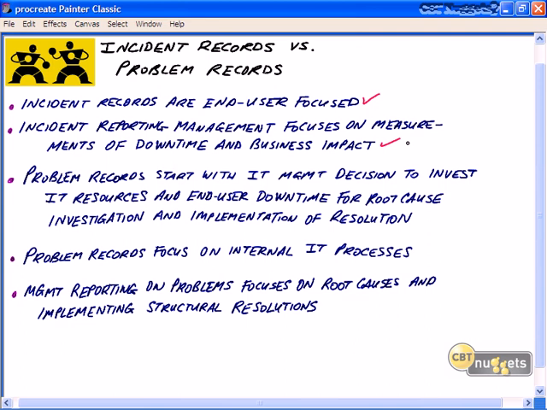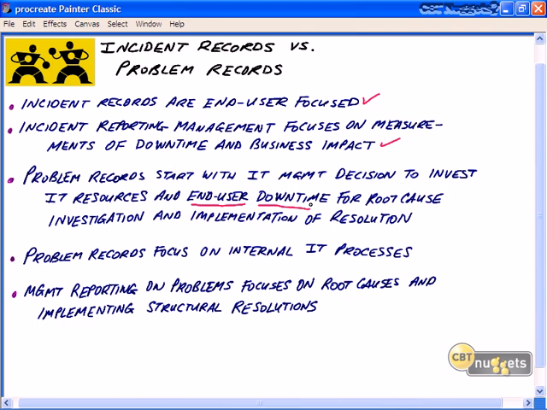Maybe a new fault-tolerant solution, okay? These are the problem records. They are management decisions to make investments of resources and the aspect of end-user downtime for root cause investigation. What is the root cause of the incidents, okay? And the implementation of a resolution.